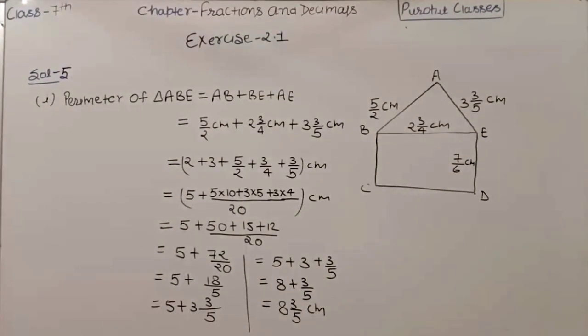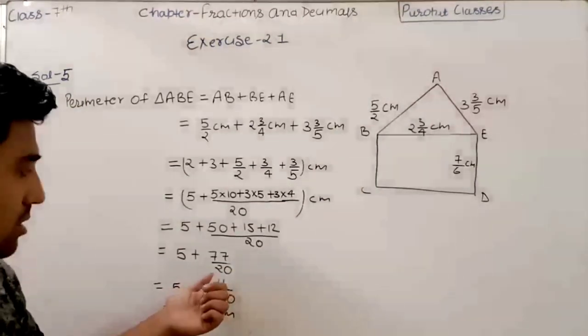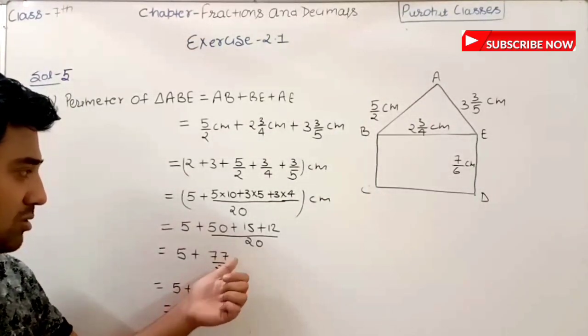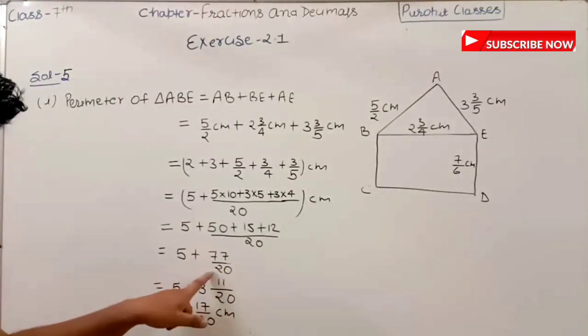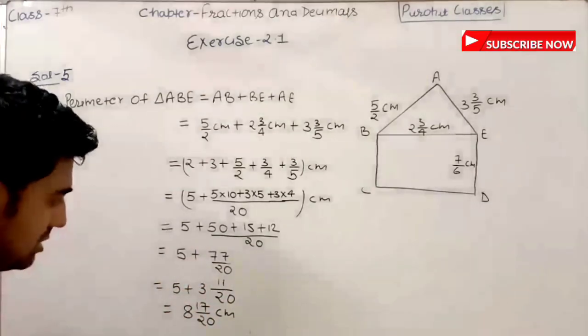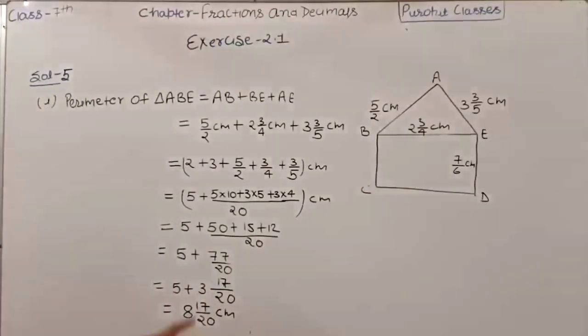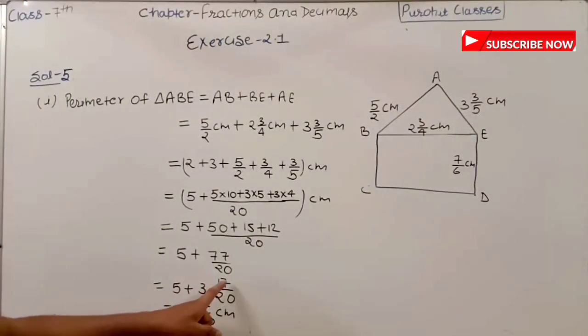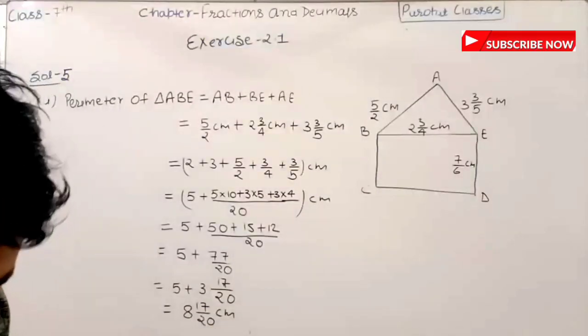Isn't it? So actually by mistake at that time I had written 72, actually it was 77. So now if we convert this improper fraction, it will be 3 times 20 plus 17. So then simply again it can be read as 5 plus 3 plus 17 by 20. 5 plus 3 will become 8, and as it is a proper fraction, this will be our answer. So this is the perimeter of triangle ABE.